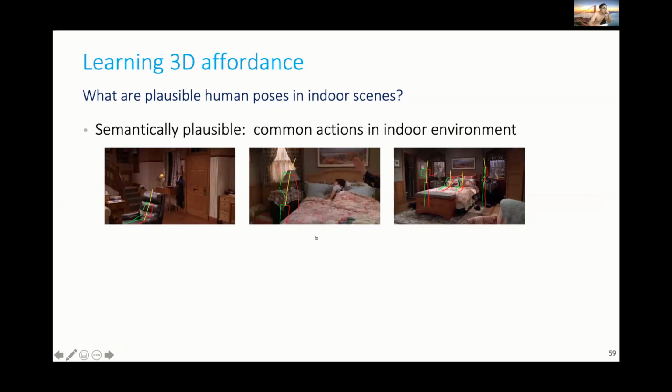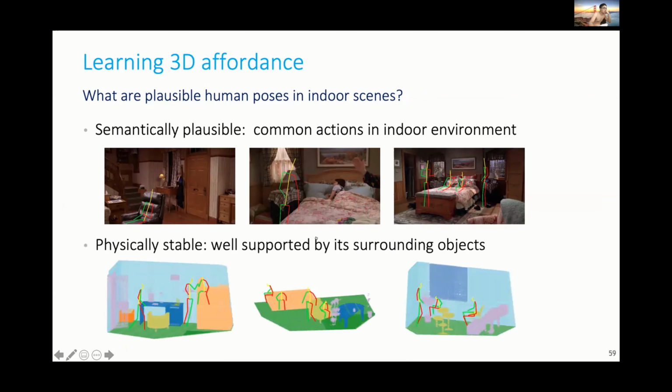Okay, so in order to do that, we need to generate results that are semantically plausible and physically stable. Semantically plausible means the action should be common in the scene. For example, we don't want to generate humans sitting on, say, a TV or standing on a TV.